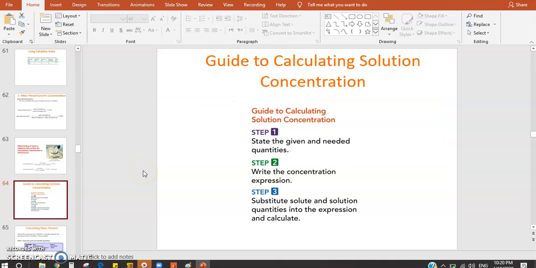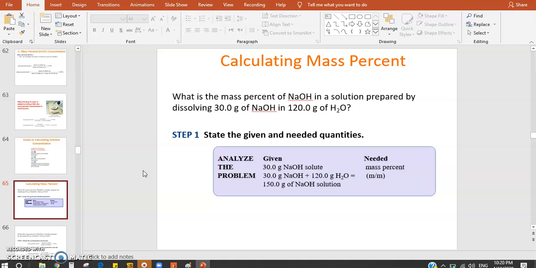Let's try another one. Again, what is the mass percent of NaOH in a solution prepared by dissolving 30 grams NaOH in 120 grams of water? So again, solute, solvent. We need to find out the solution.